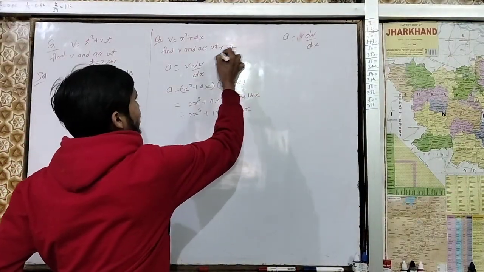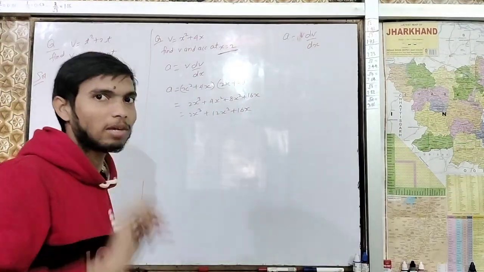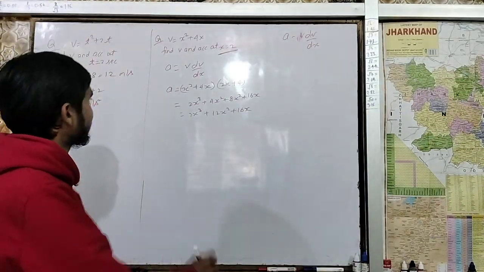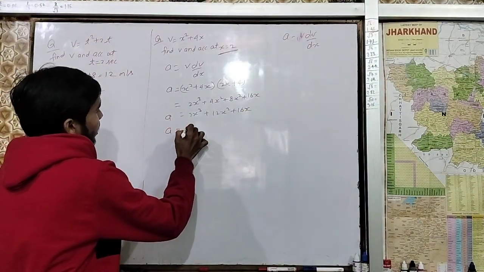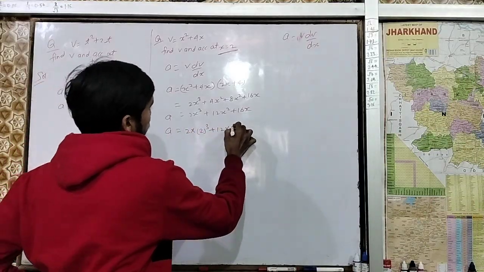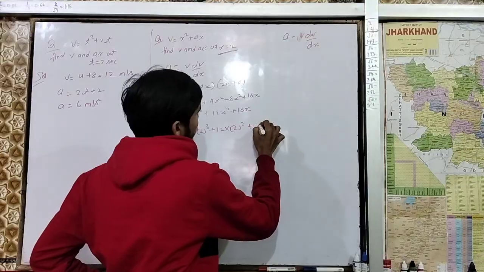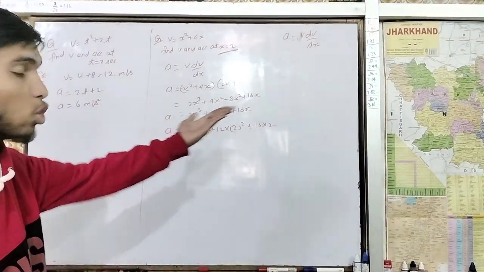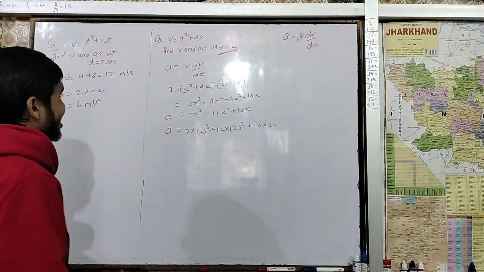Now tell me, x is 2. Can you not substitute this value in this equation? Yes. So we will get how much? 2 multiplied by 2 raised to power 3 plus 12 multiplied by 2 raised to power 2 plus 16 multiplied by 2. After simplifying this, you will get acceleration.